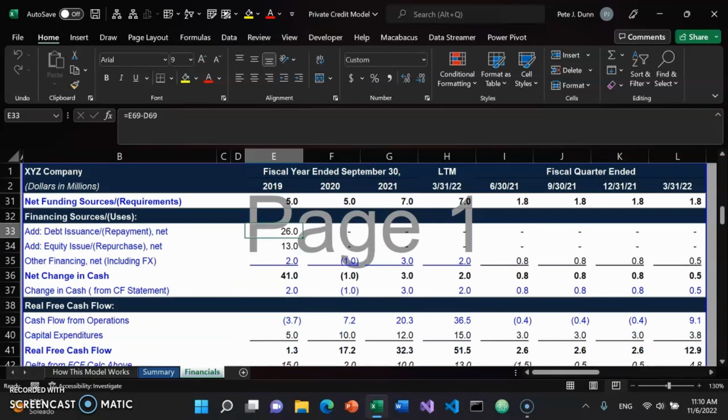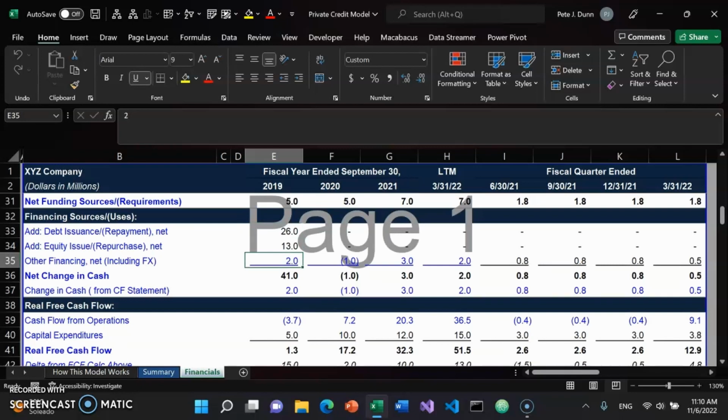Moving on to financing sources and uses, add the debt issuance/repayment, which is taken from the balance sheet. That'll be on row 69. I'll look at the changes in debt. Same with equity.